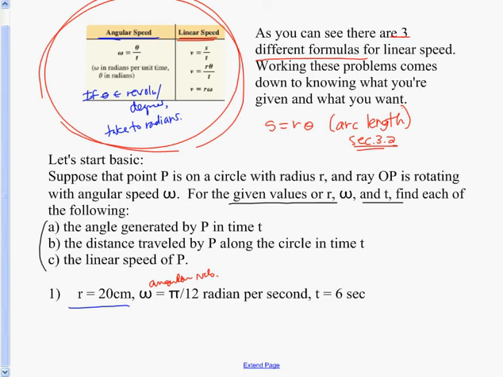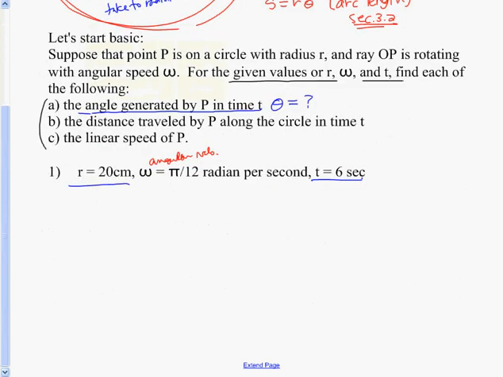And then of course time is this. Radius and time are pretty standard. Omega is angular velocity. So the first thing I want to find is the angle generated by P in time t. I want to know what is theta. And remember, this ultimately needs to be in radians.